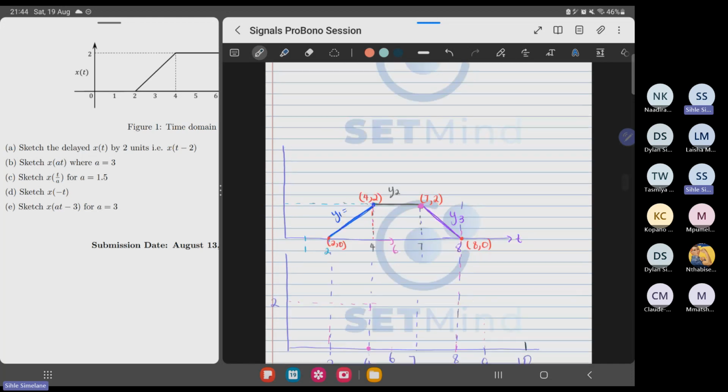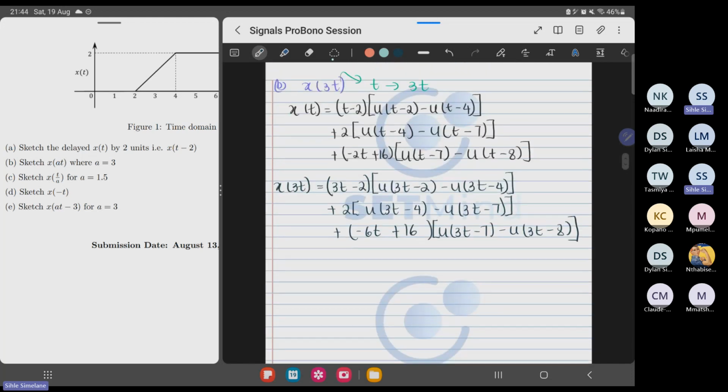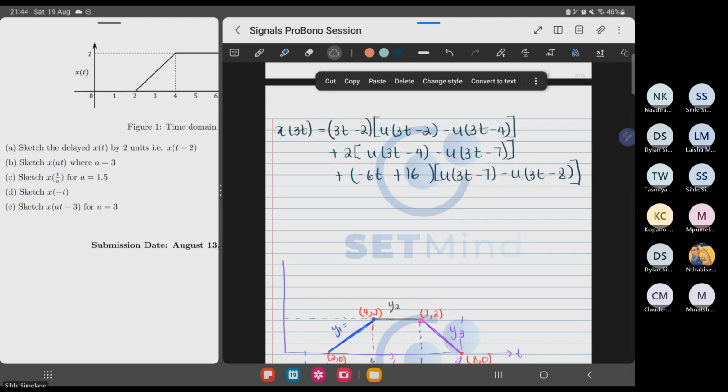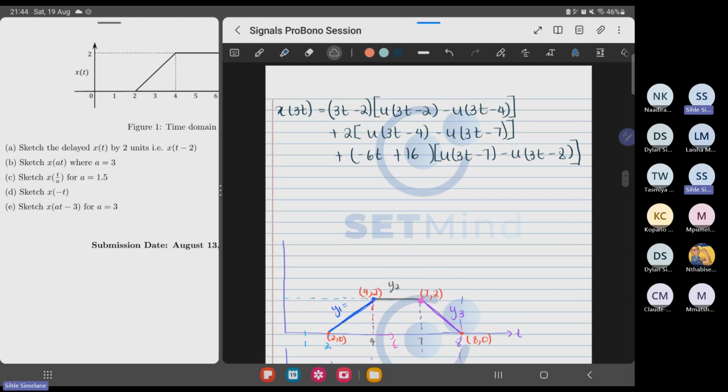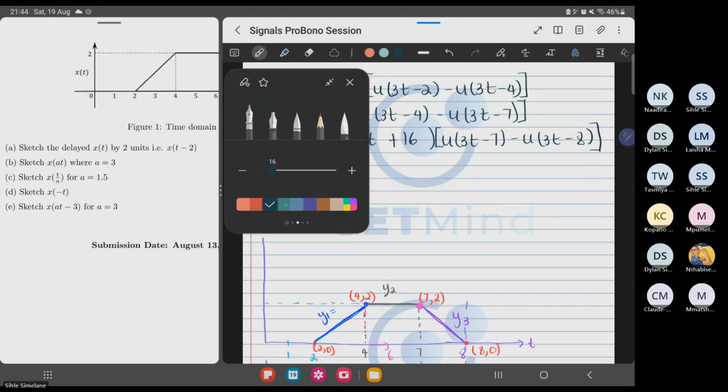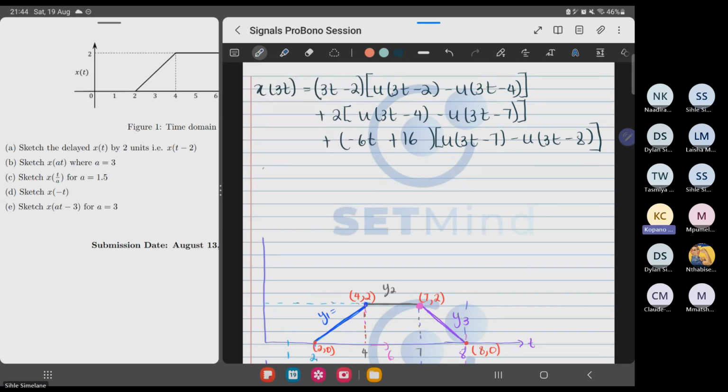Okay, so what we are going to do is let's copy our expression. So there's one thing which I need as an answer from you. So when we do 3t, are we dividing the time by 3 or are we multiplying it by 3? We are dividing the time by 3.